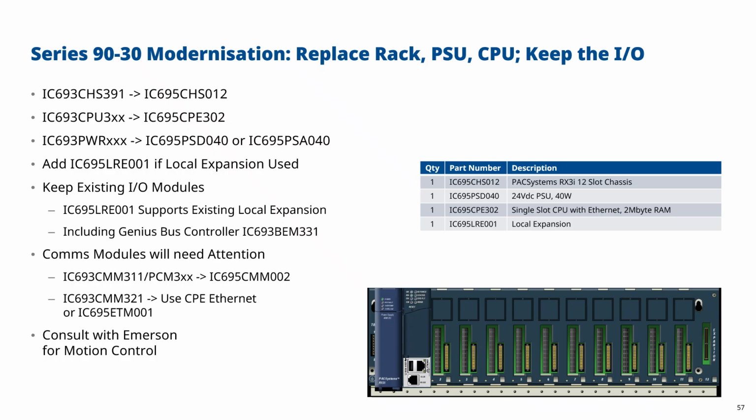Now, some Series 9030 modules used expansion, so that's where you can add an IC695 LRE001, but you can keep the existing expansion modules and expansion chassis. You keep all of the existing I/O modules, and even if there's an existing Genius bus controller module, you can keep that as well. So although the Genius bus controller, the BEM331, is no longer available, it will still work in the new PACSystems RSTi.